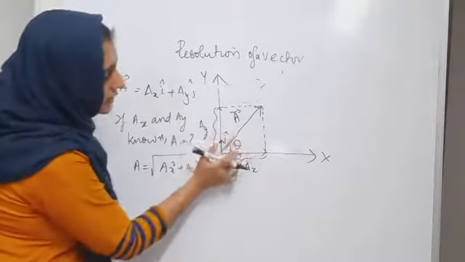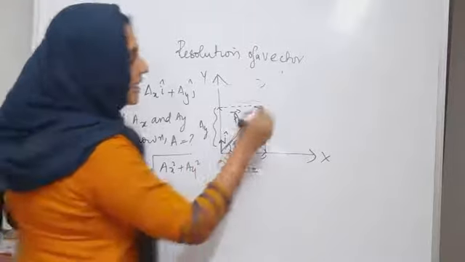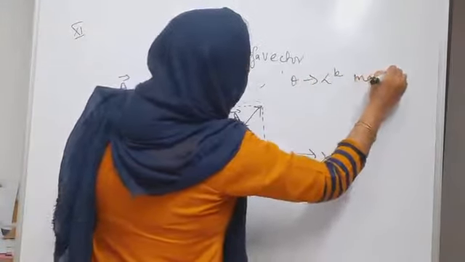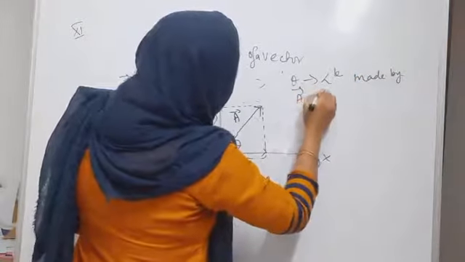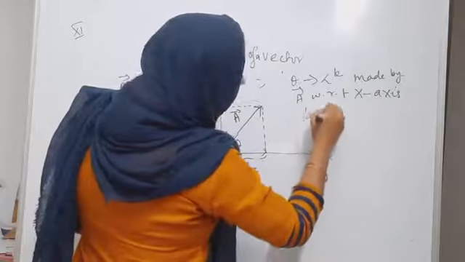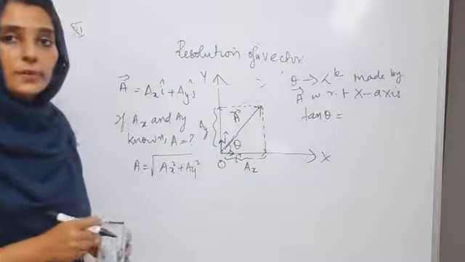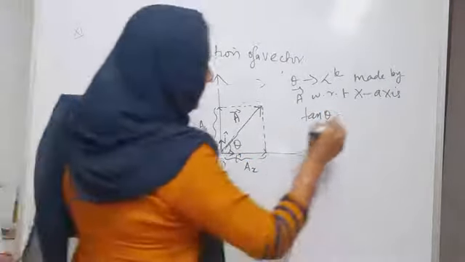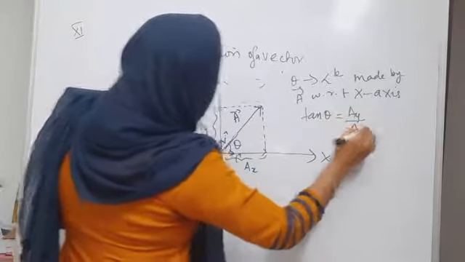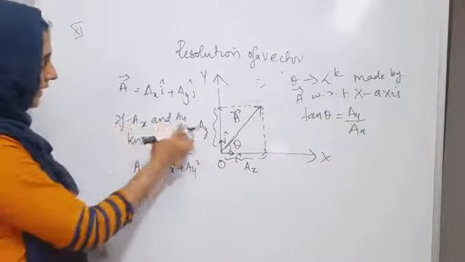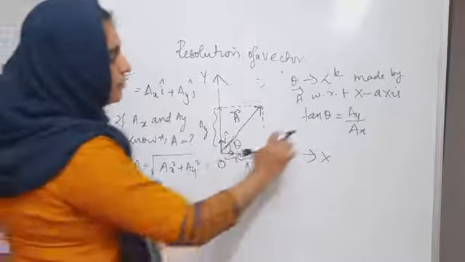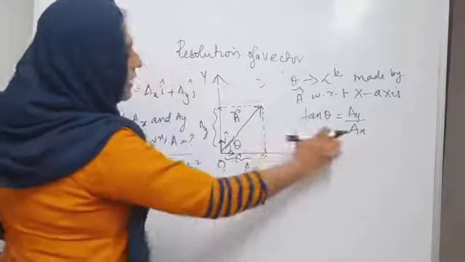Direction of A is with respect to the x-axis. So if theta is the angle made by A with respect to the x-axis, then tan theta is equal to Ay by Ax. So if you know Ax and Ay, to find the magnitude of A you have this formula, and to find the direction of A you have this formula.